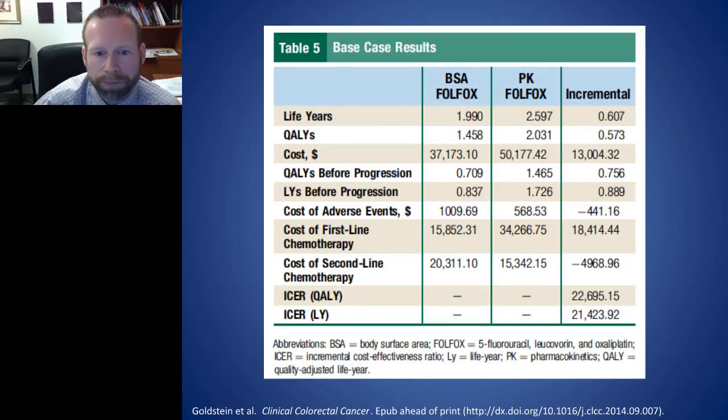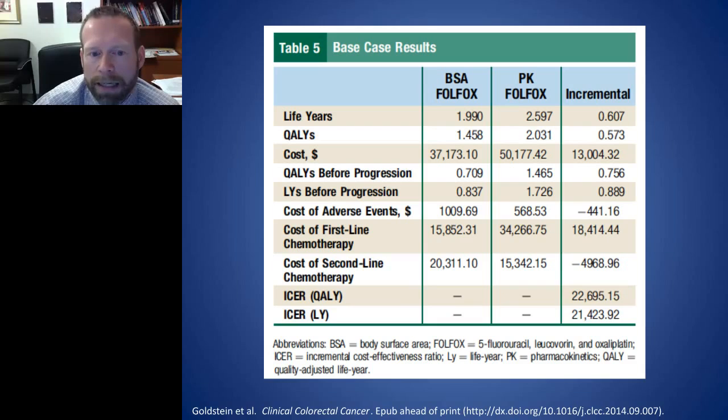And what they found was that as they compared these groups, they took into account all the different types of adverse events and the progression-free survival and overall survival. And what they found here is an incremental difference, or an increase for PK-guided FOLFOX therapy, of a little over 1/2, 0.573 quality adjusted life years, with an incremental cost of $13,000.